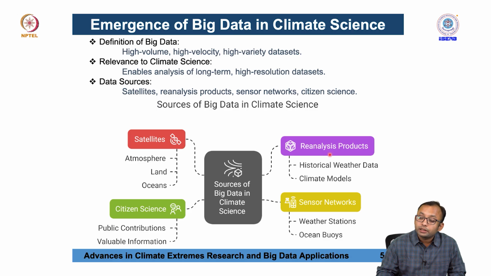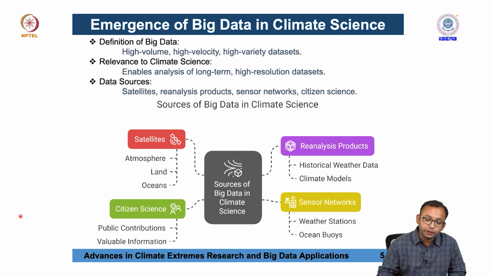We can take data sets from reanalysis products, which is historical weather data and which can also tell about climate model data. Citizen science data basically tells about public contribution, public opinion, valuable information like that. If there is a sensor network, we can talk about weather stations, ocean buoys.